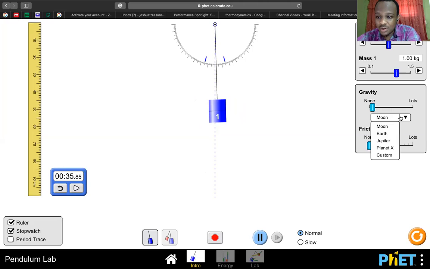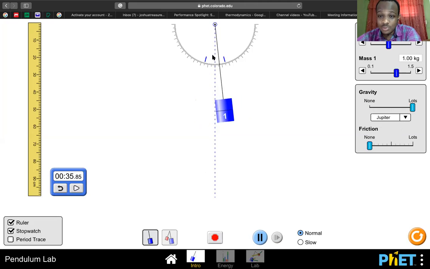All right. Let's say we were on Jupiter. Right? You realize the pendulum is moving a lot faster now. Right? Let's place it at 15 degrees. Let's set it to play, and then we start. Oh my God, I can't even keep up. All right, let me go in slow motion for a second.